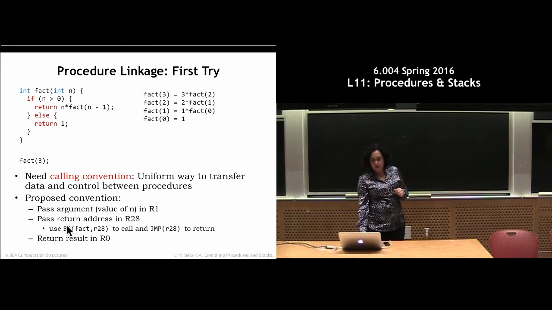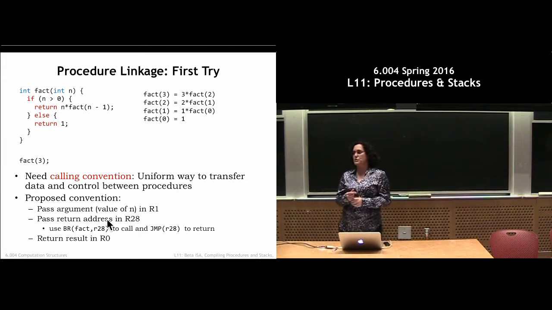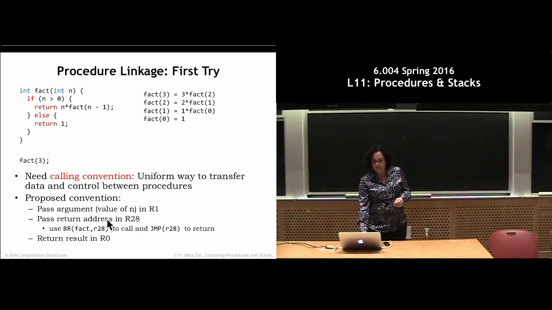Then we also want to pass the return address, and we'll use a special register for that. We'll call it R28. If you recall from a couple lectures ago, by storing that return address into some register, the way that we can call procedures is you simply have a branch instruction that goes to the label associated with a procedure.